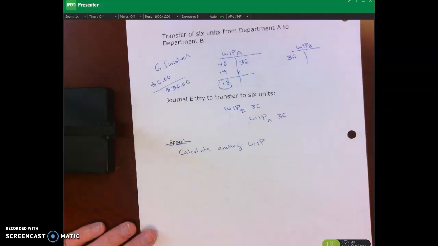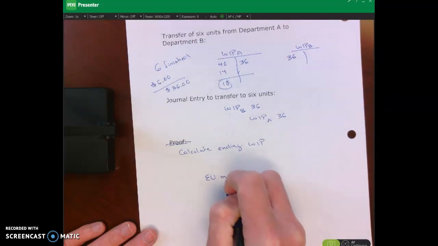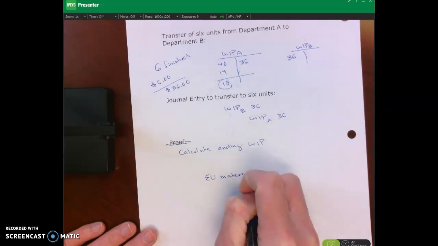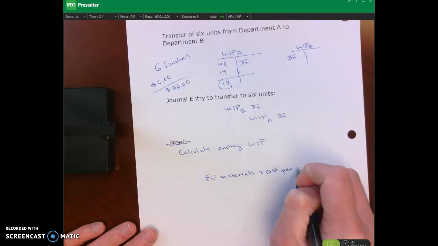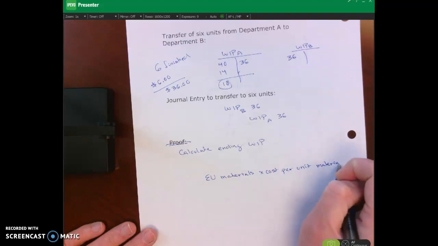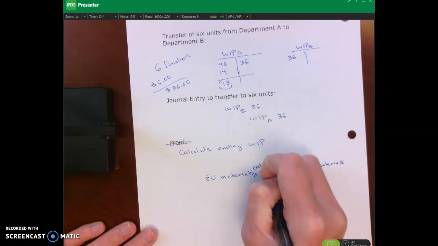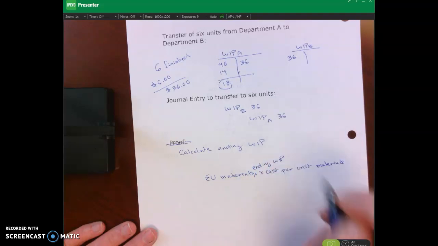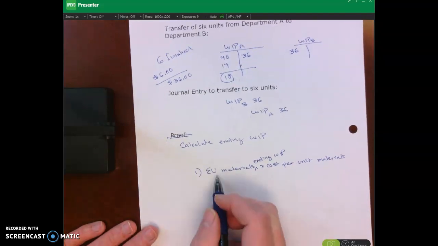Let's go through and calculate out manually the value of ending WIP in Department A. The way we do that is we look at our equivalent units, materials, times cost per unit materials. I'll come over here and we'll say ending WIP. So I'll do it for materials first, and then I'll do it for conversion. So how many equivalent full units do I have with respect to materials?